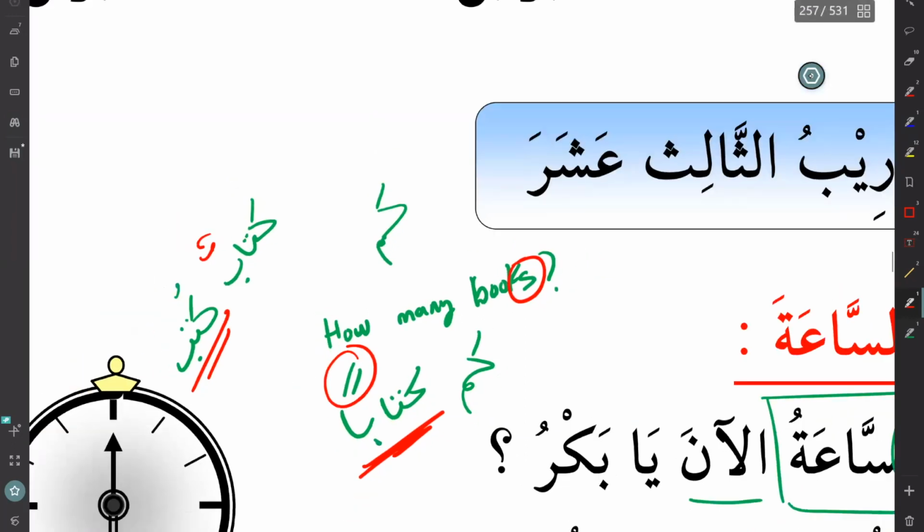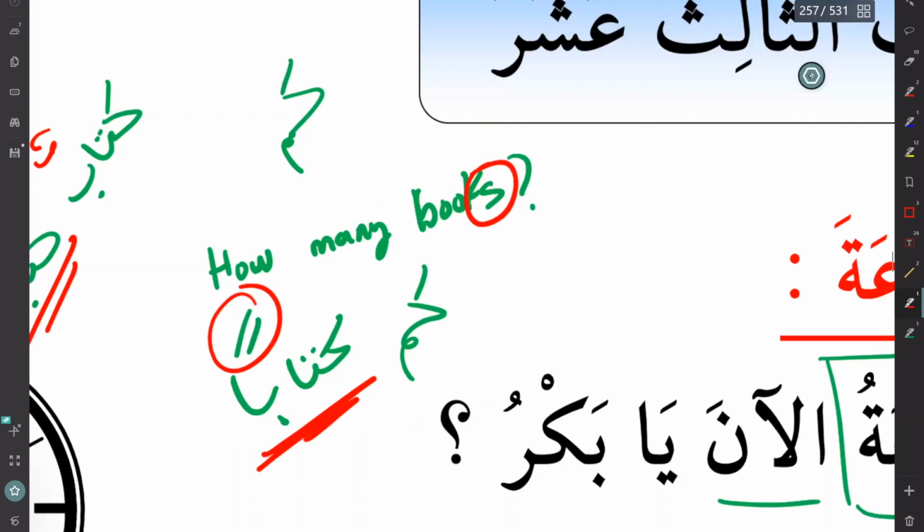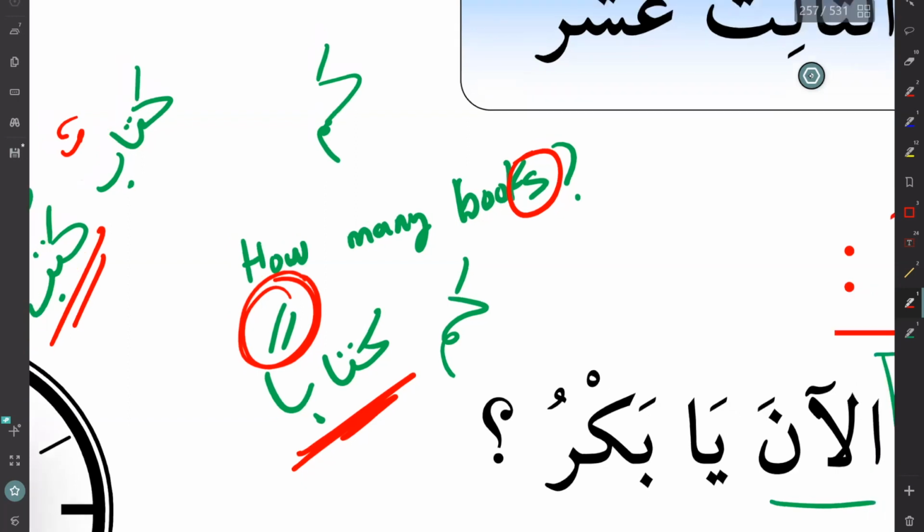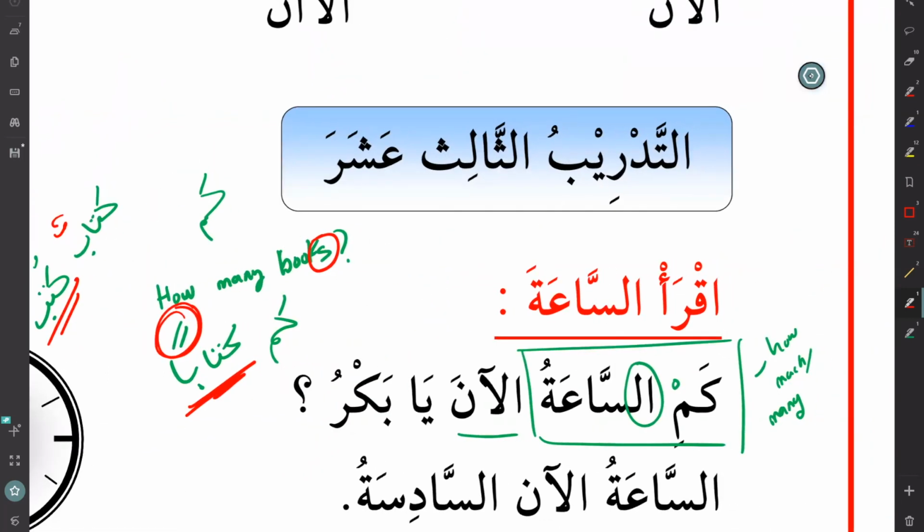That's why I'm bringing this up. After come you always have the singular in the fatha state, singular mansub. So you have to have a singular and you have to use fatha. And indefinite, you cannot have definite. You cannot say kam al kitaba. You understand? So that's the way we use come.